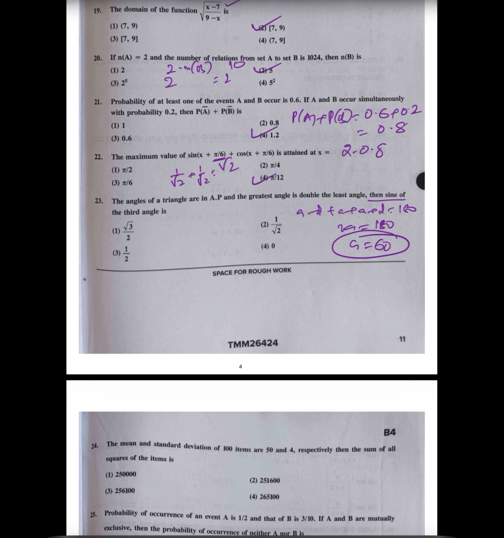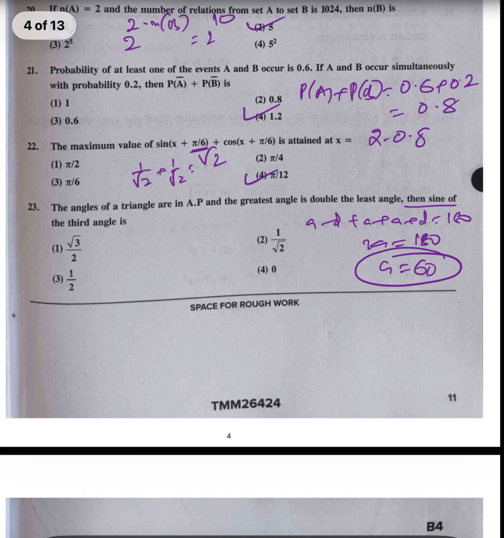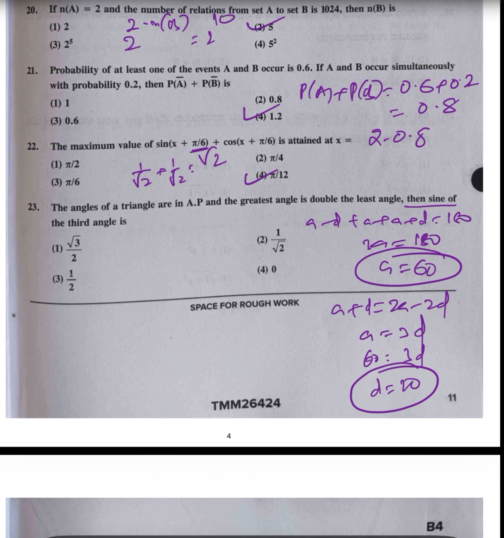They have given the greatest angle is double the least angle, which means A plus D equals 2 into A minus 2D, so A equal to 3D. A means 60 equal to 3D, so D equal to 20. Anyway, they want the sine of the third angle.